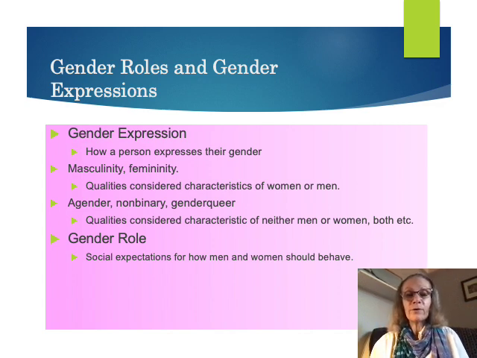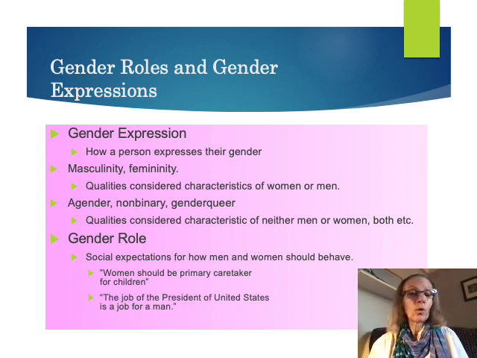But there are other behaviors that fall into gender roles, these social expectations regarding the roles that men, women, and others should play. So, women should be the primary caretaker for children. That's an expression of gender roles. The job of the president of the United States is a job for a man, right? That's an example of a gender role. And it might seem like, who the heck would say that?